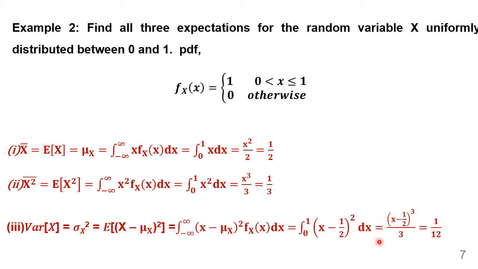When you simplify this, you get (x minus 1 by 2) whole cube divided by 3. Let us apply the boundary condition 0 to 1. We get the answer as 1 by 12.